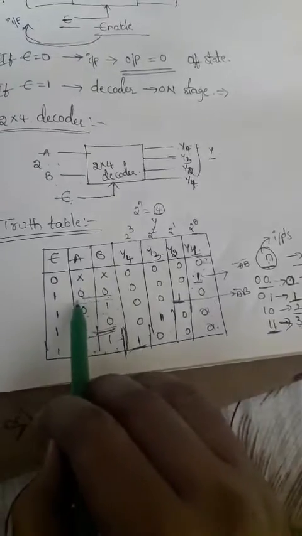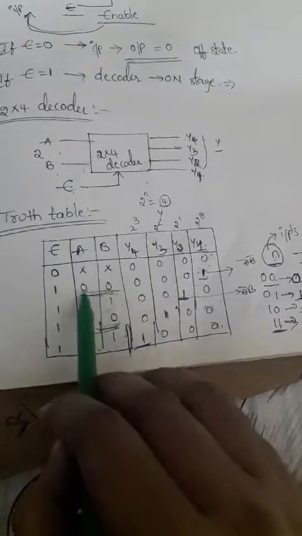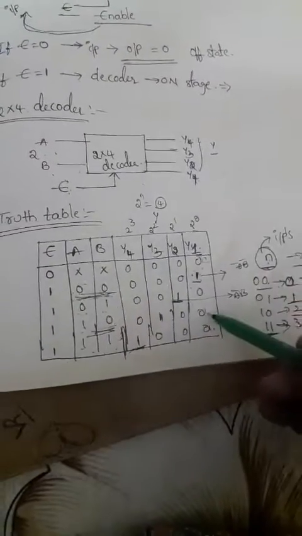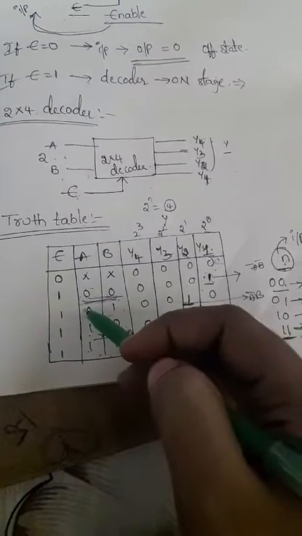Okay, so depending upon the input lines, here the input lines will be 0 0, so that means the n value will be 0. Depending on that n value we can choose the output value. Okay, that means any one of the input lines will be selected as output.